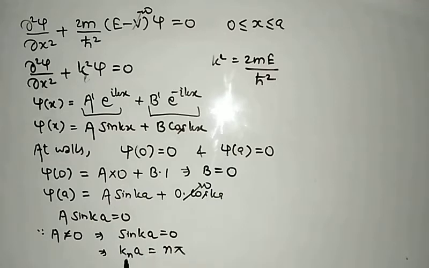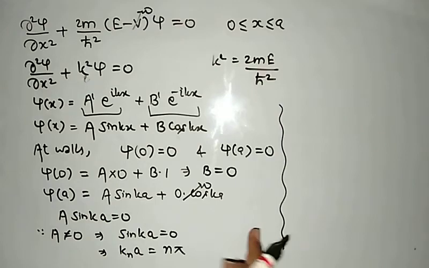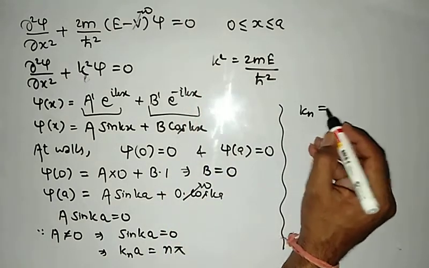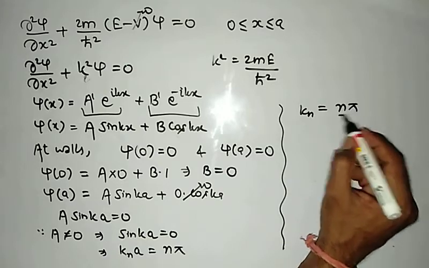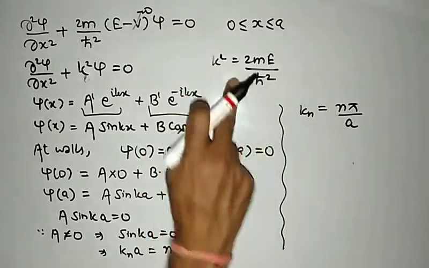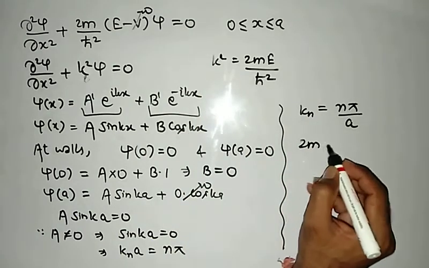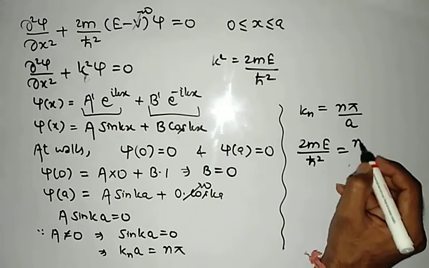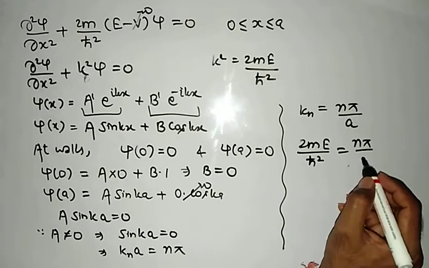So, denoting here also, that means the value of k, kn is equal to n pi by a. What is kn? Putting it here, 2mE upon h cut square is equal to n pi by a.